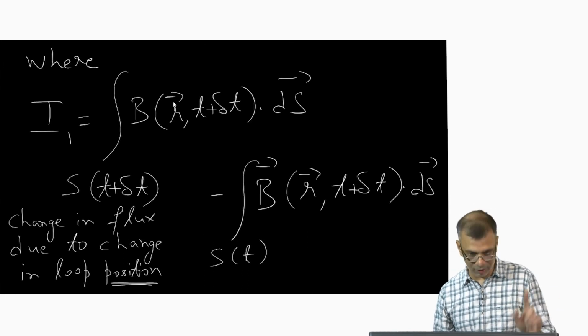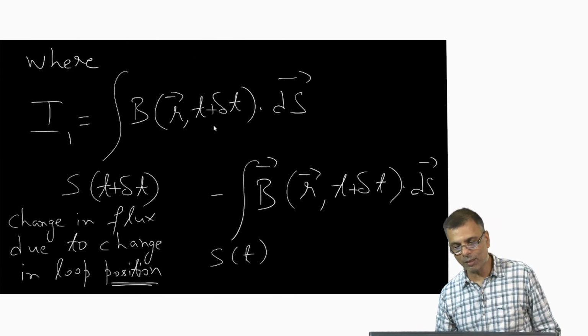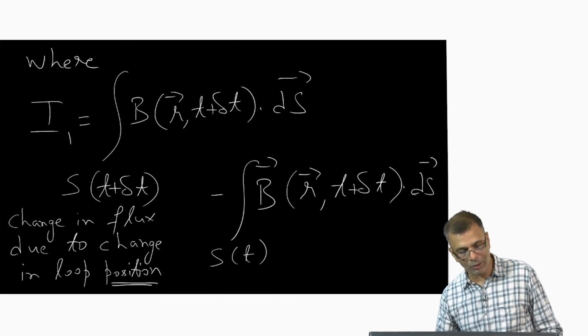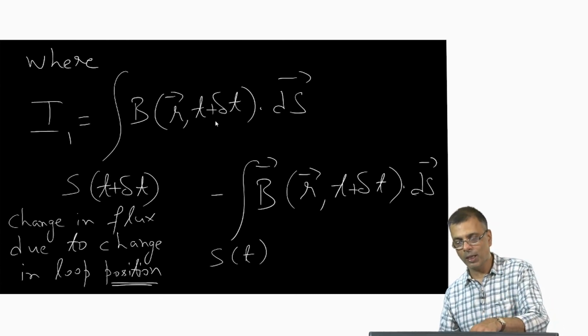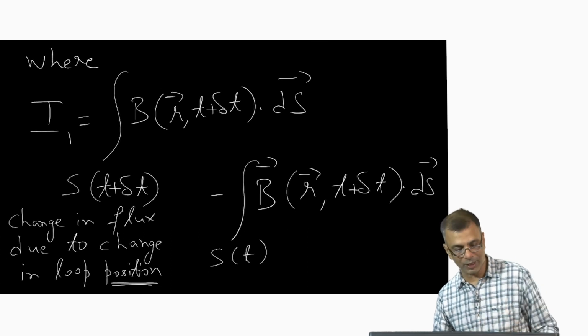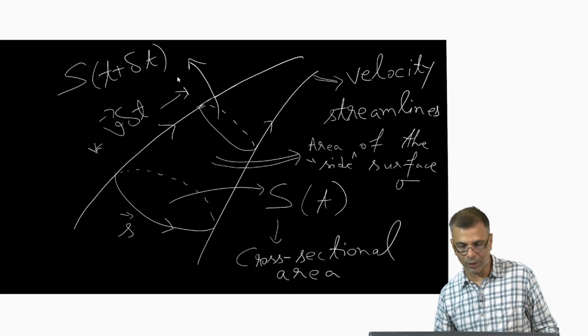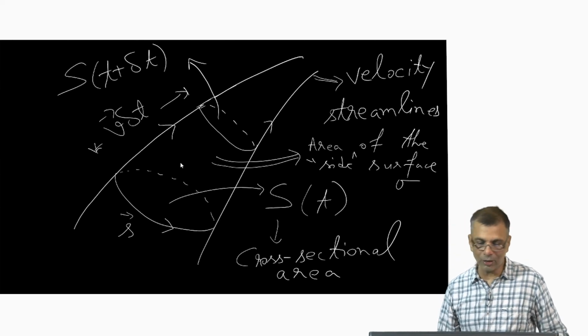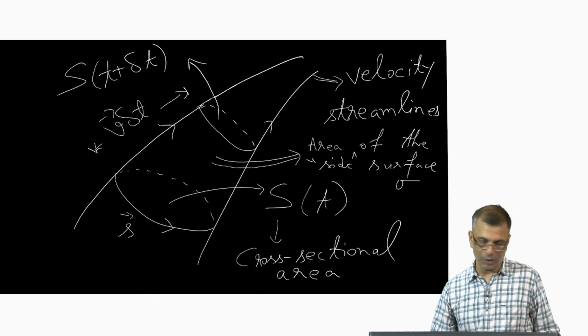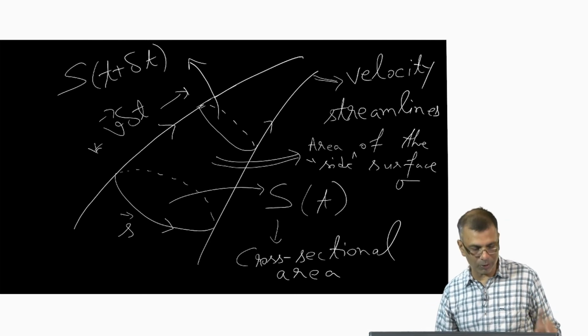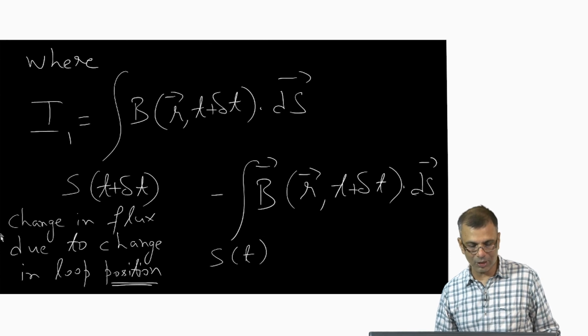I am saying that the magnetic field is the same as what it is at t plus delta t. So I am taking the same magnetic field here, which is the B at t plus delta t, and using it here also. This is not entirely physical, but we will see why I am writing it down like this. It is a change in loop position.